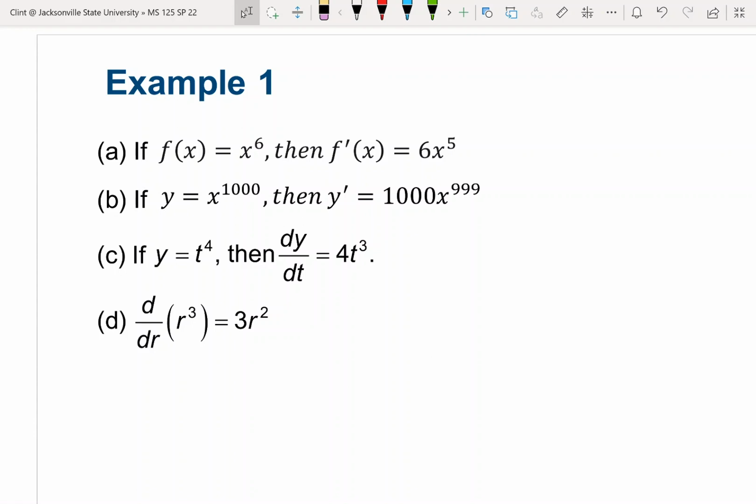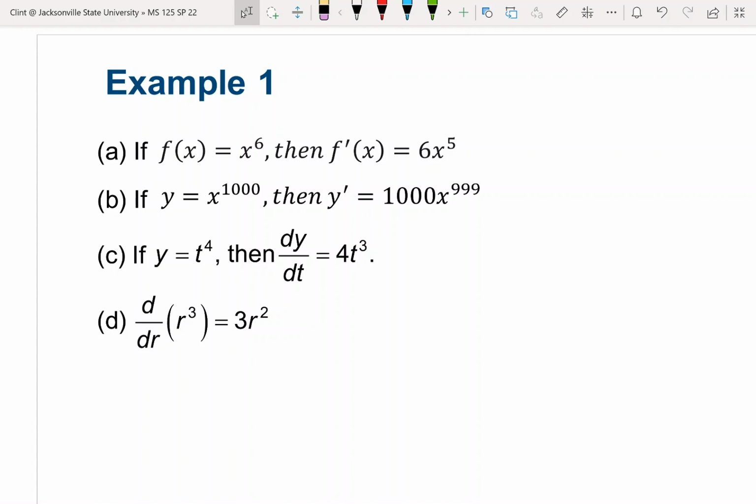So y prime, the derivative of y, we multiply the 1,000 out front, get 1,000x, subtract 1, and 999 is our exponent there. It doesn't matter if it's an x, just whatever our variable is that we're taking the derivative of. Here we've got t to the 4th, so dy/dt, or y prime again if you want to write it that way.